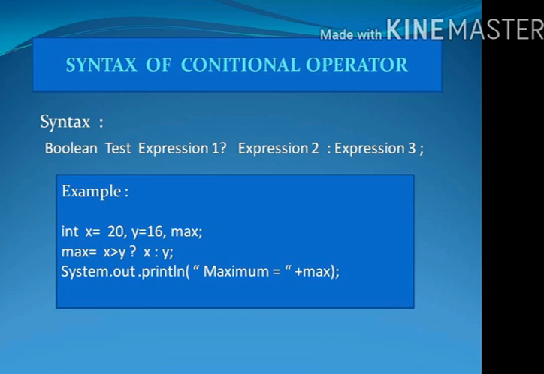For example, int x = 20, y = 16, max; x, y and max are three integer variables. max = x > y ? x : y; Here, if x is greater than y, this condition is satisfied, then max = x will be executed.